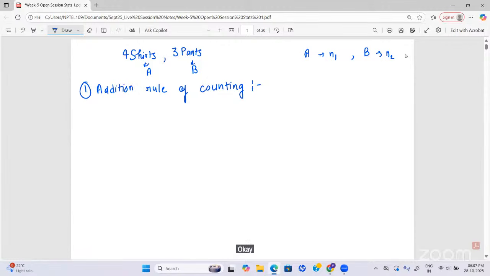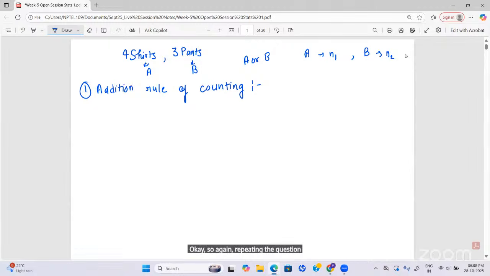Now in the addition rule, we are talking about A or B. So what is the total number of occurrences for A or B? Suppose you have to select one thing, either a shirt or a pant. In how many ways can you do that? Again, I'm repeating the question.